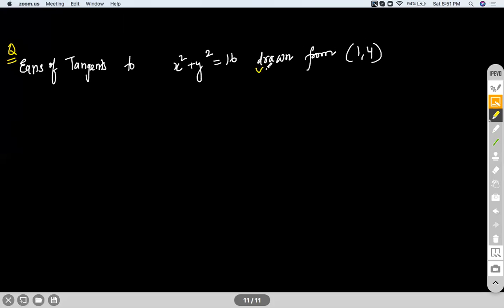Read the question carefully. It is drawn from the point, not on the point. That means this point is external to the circle.